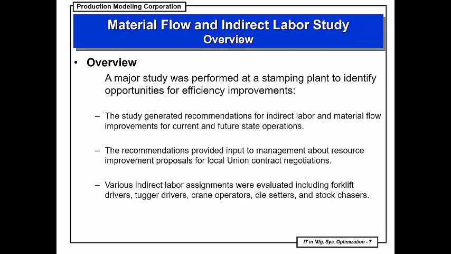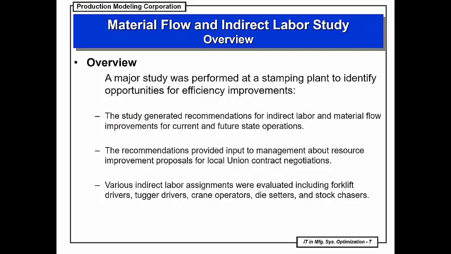Going to the overview of the project, this was performed in one of the stamping plants in the automotive industry, and they wanted us to come there, take a look at their indirect labor and recommend some changes in terms of the number of indirect labor required, how the material was flowing to the stamping presses, and what can be done to reduce the non-value added part of the material handling.